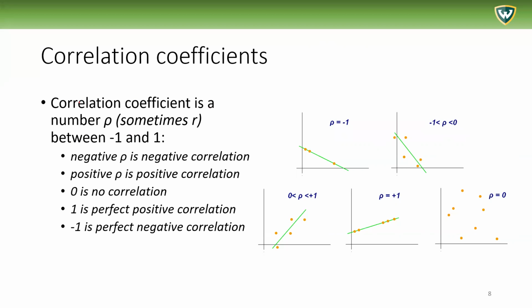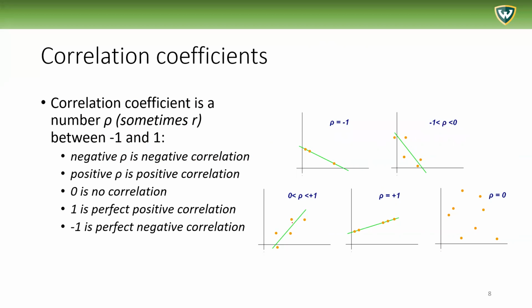So a correlation coefficient is a number, rho or R, between -1 and 1. So negative rho is negative correlation. So these two over here, this one is perfect negative correlation, rho equals -1. Here is slightly negative correlation, so it's between -1 and 0.